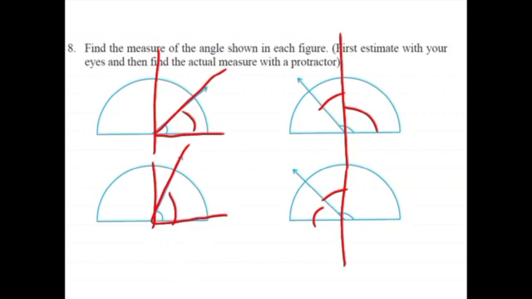So this may be 45 degrees. This may be 45 degrees and this may be 30 degrees. So the total angle may be 90 degrees plus 30 degrees, 120 degrees, and this angle, the total angle may be 90 degrees plus 45 degrees, 135 degrees. Measure the angle by using a protractor in your book. This is on page number 98.